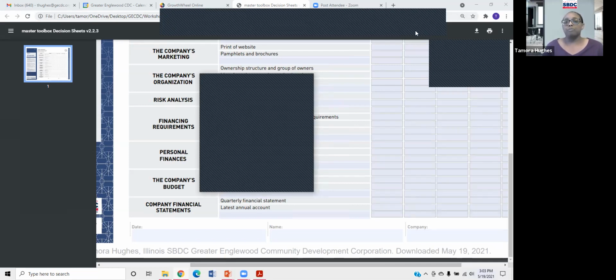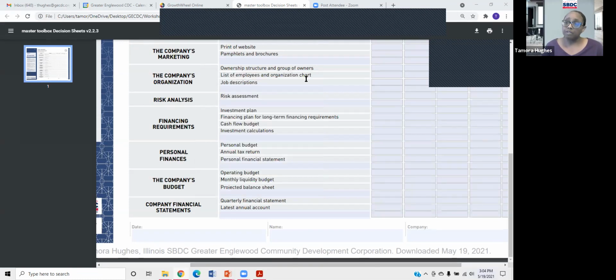So yes, you can look at SBA to fund your startup, and look at various loan programs that they have, so that you can actually start adding to your revenue. So there are various things.